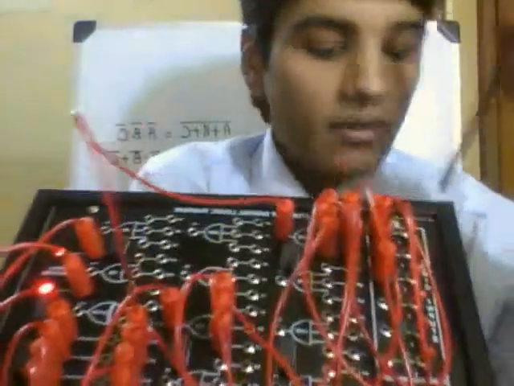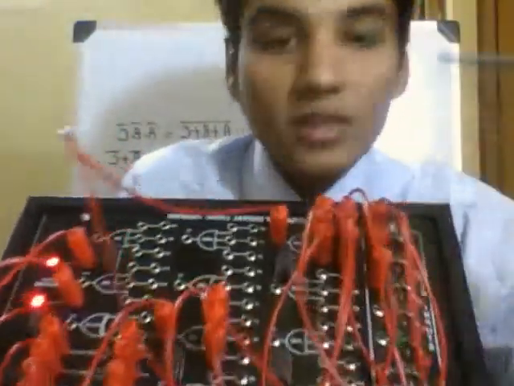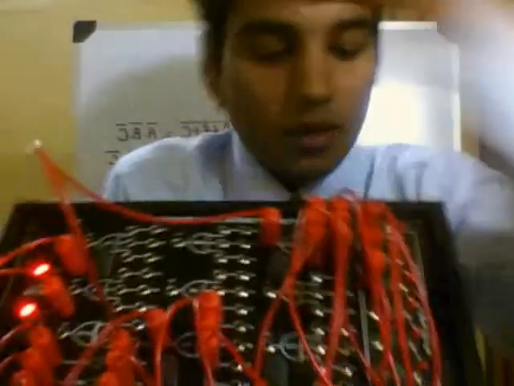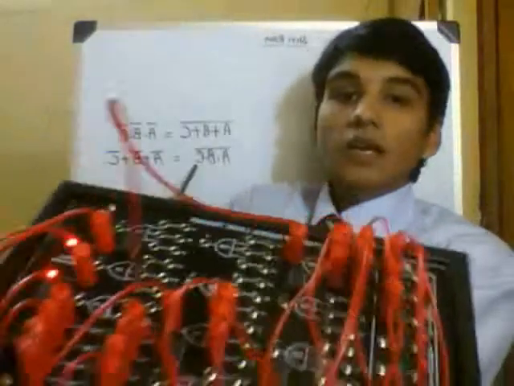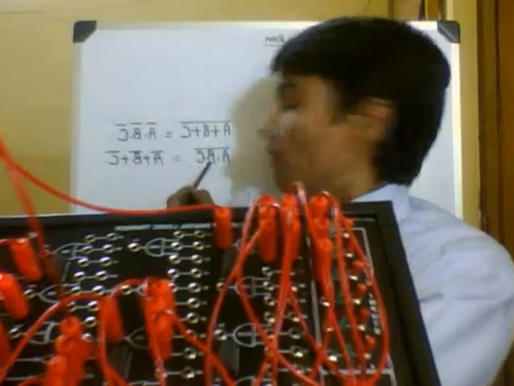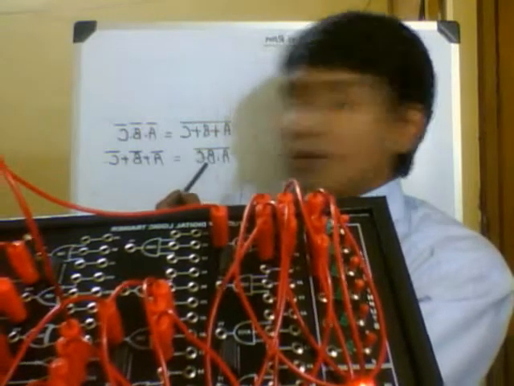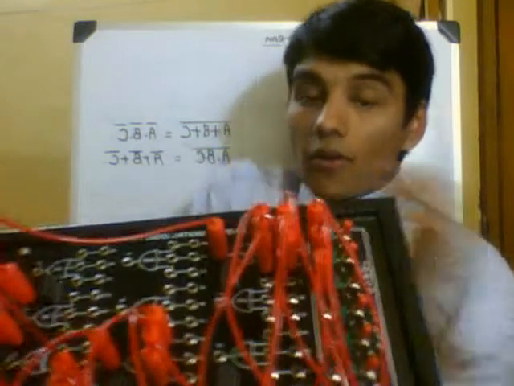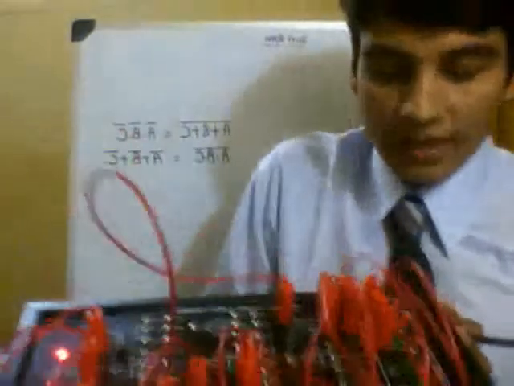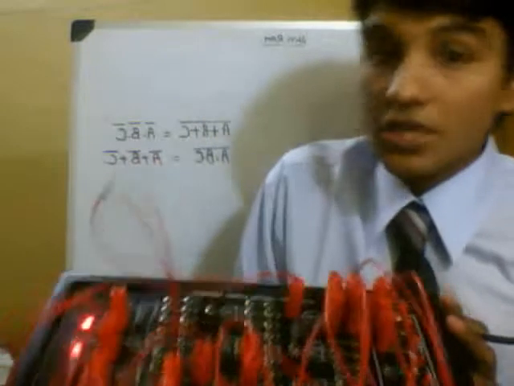Now consider the two parts: one is this output, the other is this output. If we are sending all inputs as 1, then this part is going to be 1 dot 1 dot 1, negated, which will give you 0.